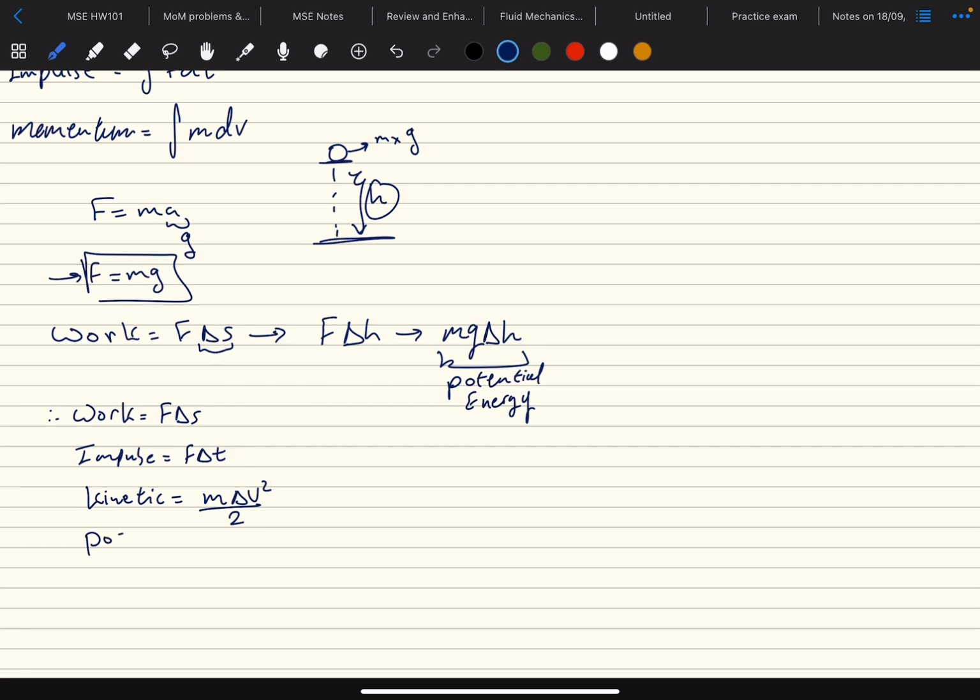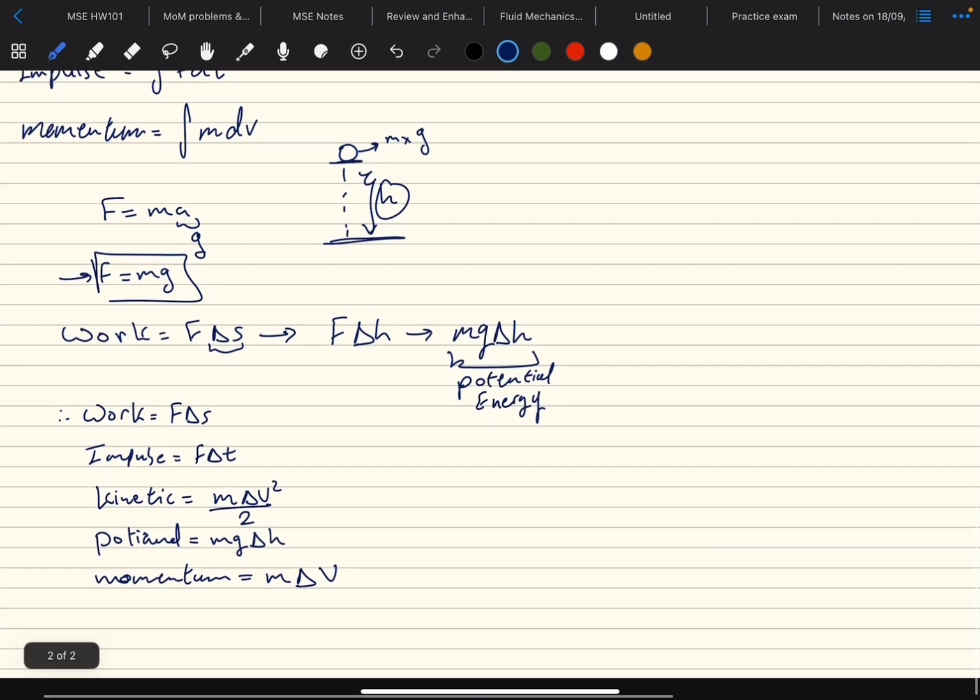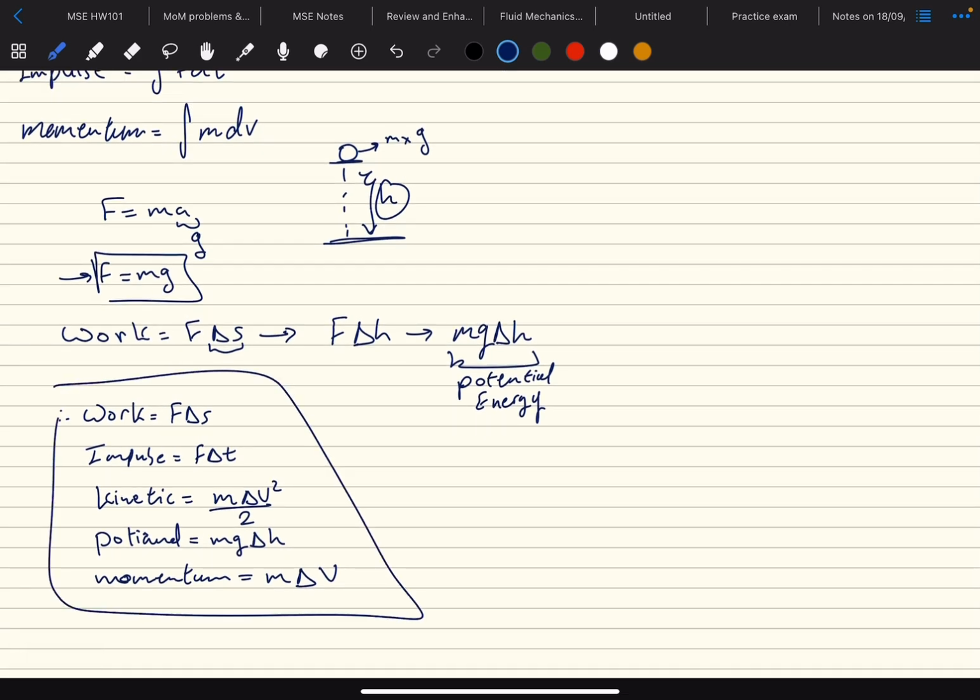Potential equals mg delta h. And momentum, which is the hardest thing for me to write. I need to practice on that. But yeah, that's all there is for kinetic.